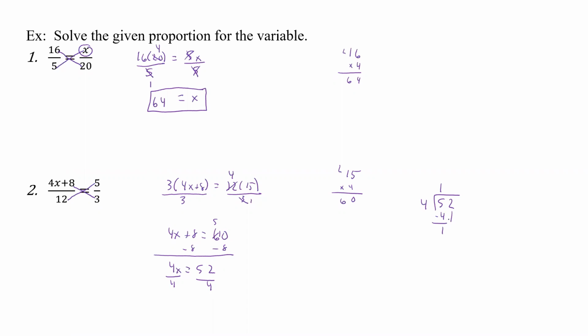Subtract, we get 1. Bring down the 2. 4 goes in there 3 times. That's 12. Subtract, we get 0. So this one says x is equal to 13. So then 4 times 13 plus 8, all divided by 12, is the same ratio as 5 to 3.